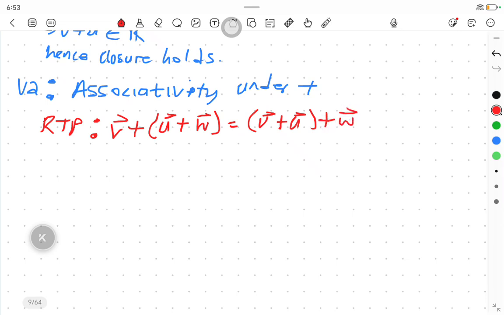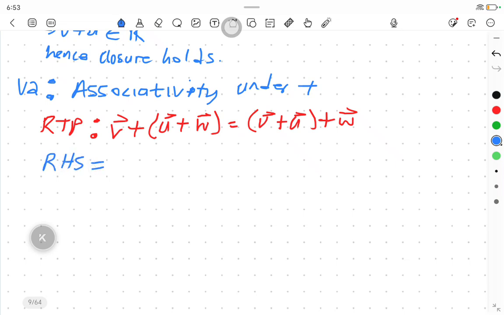You see, that's what we are required to prove. So I can just start with this one because according to the definition we're given that. So I start with the right hand side.